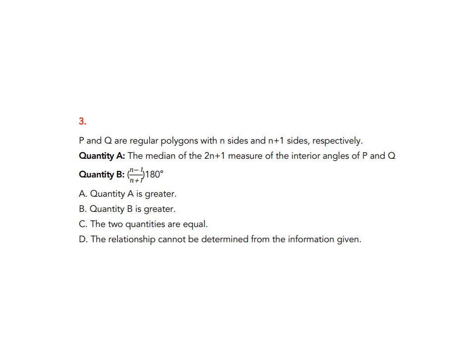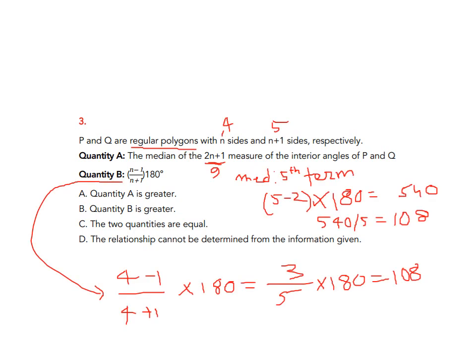So now do the calculation. As the median is the fifth, which is a pentagon, so 5 minus 2 into 180, that will be 3 into 180 equal to 540. And we need to find the interior angle, and remember that the polygon is regular, so divide 540 by 5 and we get 108.